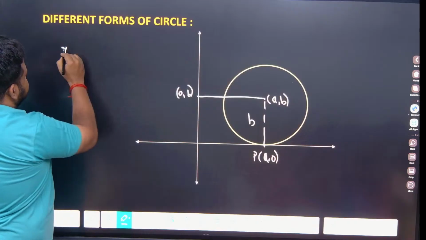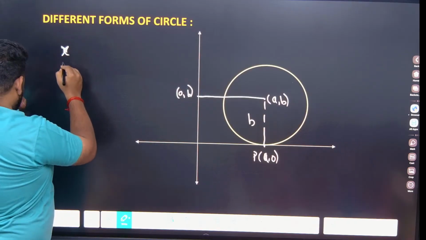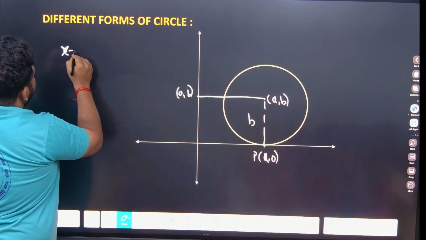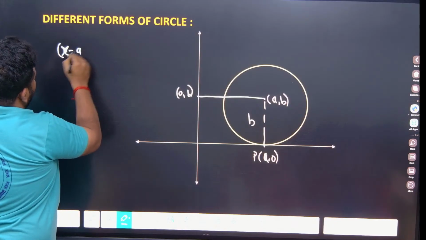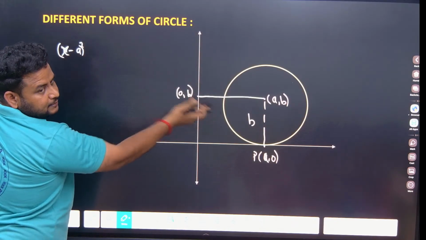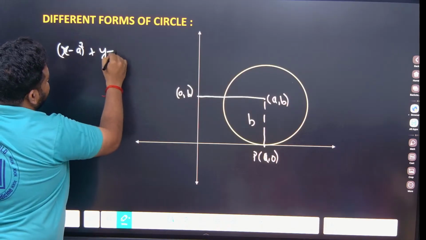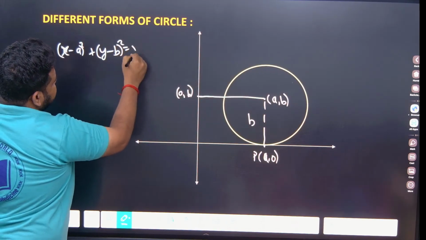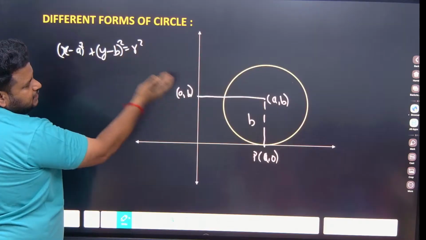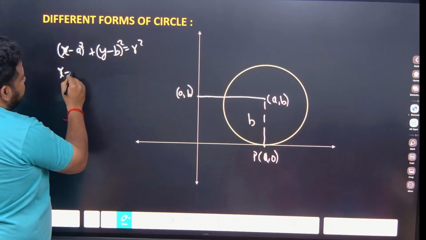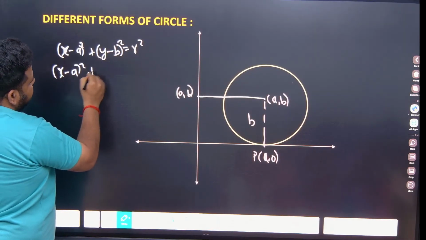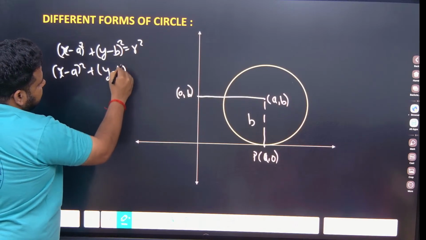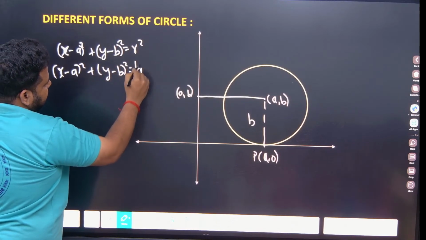Now if I write this, we have x minus a whole square, because the center is A, plus y minus b whole square is equal to r square. But here r is b only. So x minus a whole square plus y minus b whole square is equal to b square.